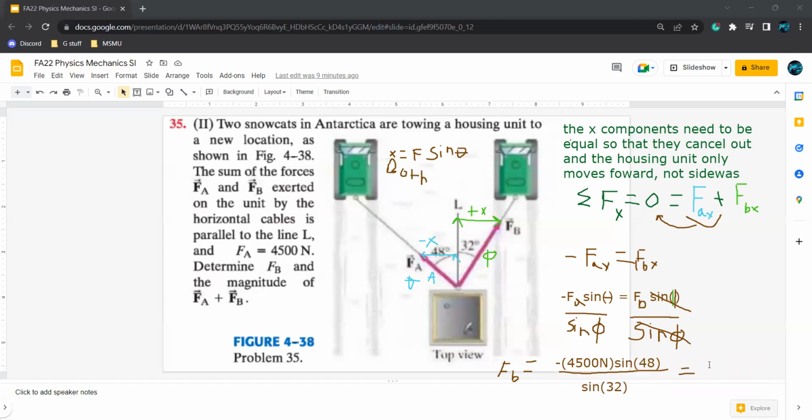Let's go ahead and plug it in. Nice. Negative 66,310. About, it can be about 11 newtons.